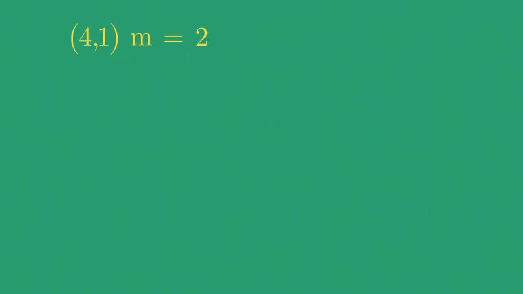Okay. First example. We've got the point 4, 1. We've already talked that, hey, that's an ordered pair of numbers that describes a point on a graph. So we have a point. We also have a slope, m equals 2. I am going to jot down the point-slope form right here. You don't have to if you don't want to.